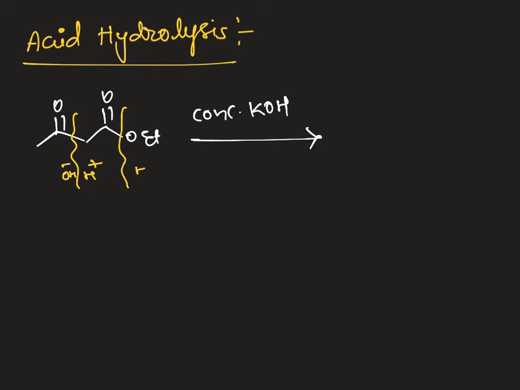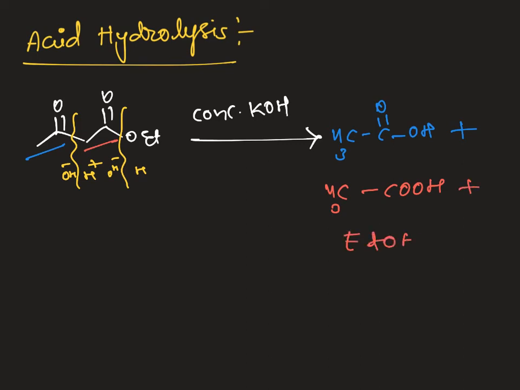As a result, we get CH3COOH, plus, if you look at the second part with H plus, again CH3COOH, and the last one we get is ethanol. Here the end product is acid, that's why we call it acid hydrolysis.